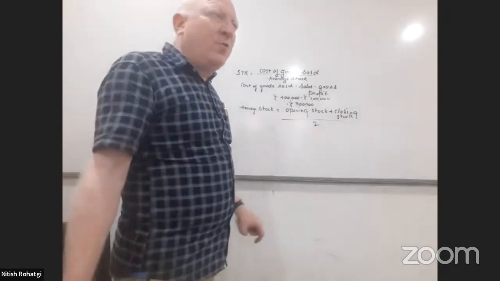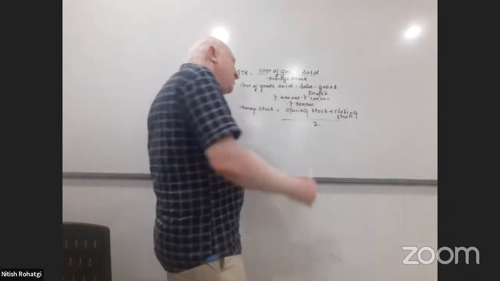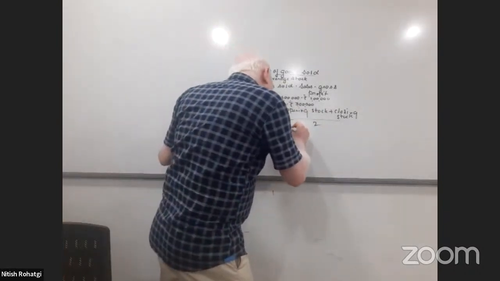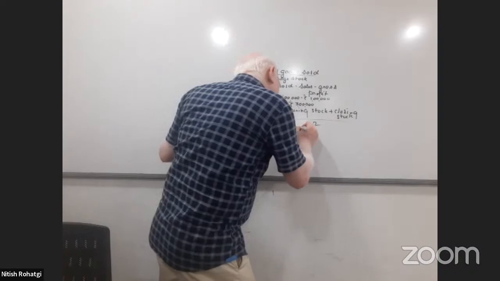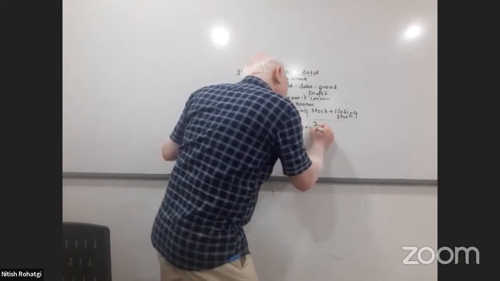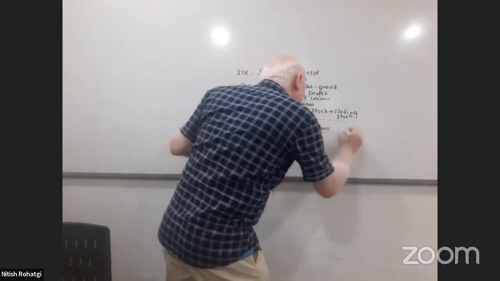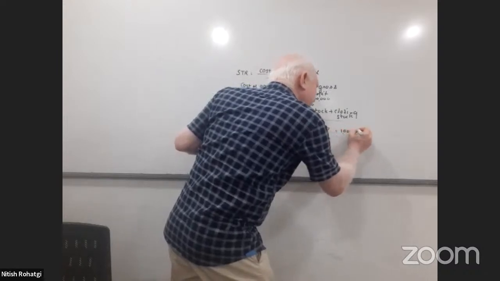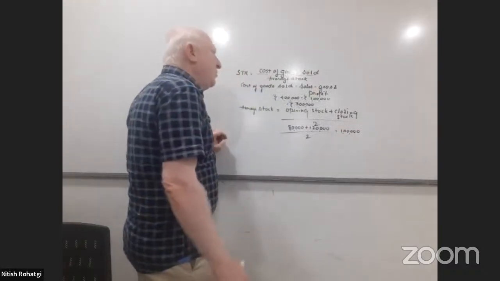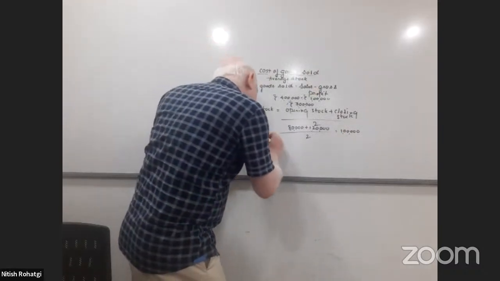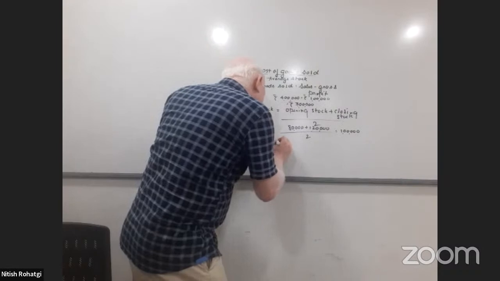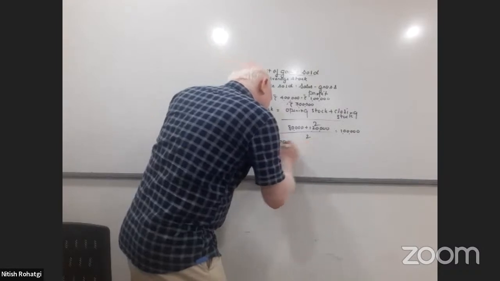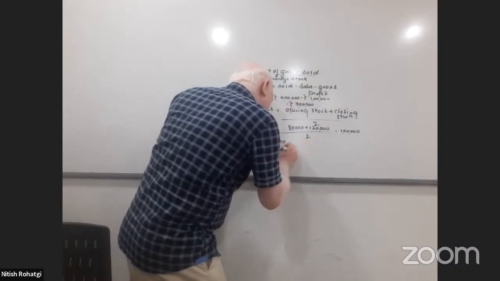So the value of opening stock would be 80,000. Very good. 80,000 plus 1,20,000 divided by 2, you get 1 lakh as average stock. Putting the values into the formula, you get 3 lakhs as cost of goods sold and 1 lakh as average stock.